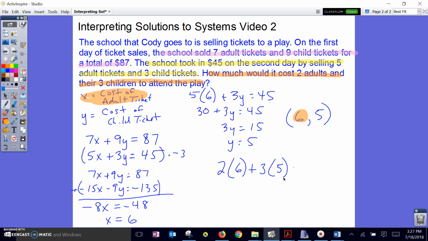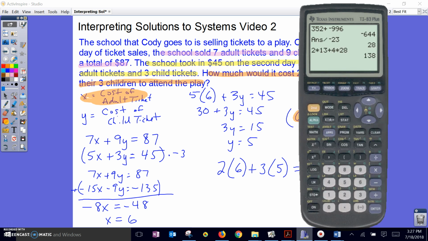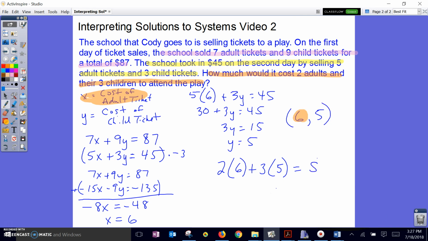Now we go ahead and calculate that value. We've got 2 times 6 plus 3 times 5. And it's going to be $27 for 2 adults and 3 children to attend the play.